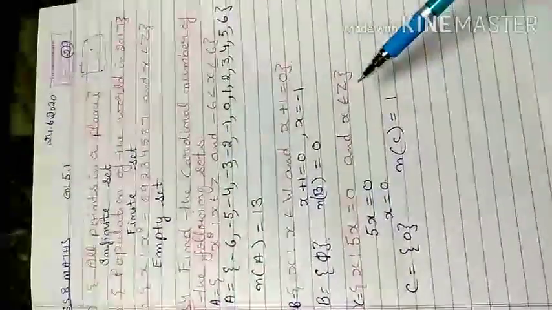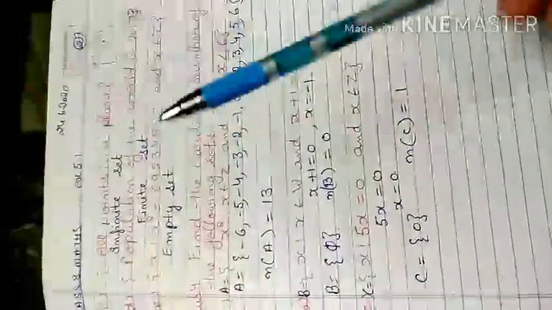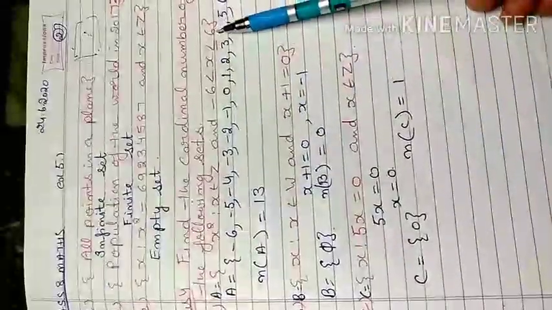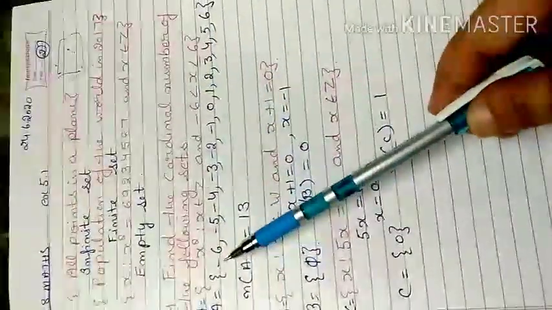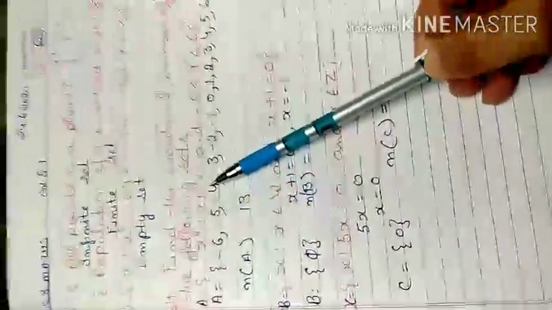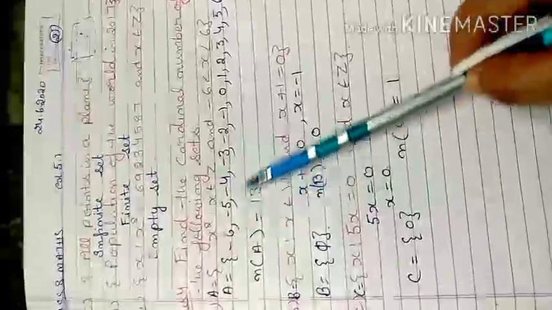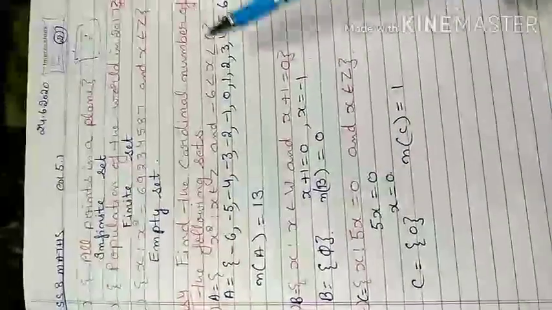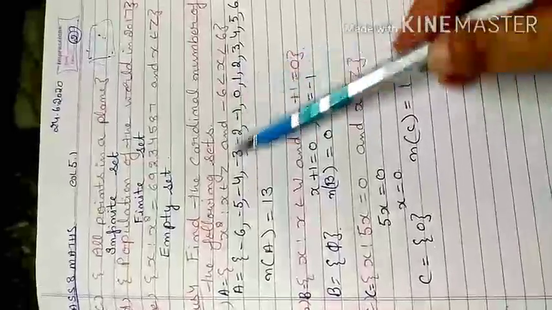Next is find the cardinal number of the set. The set is written in set-builder form. First you have to convert it into tabular form, then write how many members are there in the set. If x belongs to integer, x lies between -6 and 6, with -6 and 6 included. Suppose it was written as x belongs to natural number, then you would not need to write the negative elements; only the natural numbers would be written.